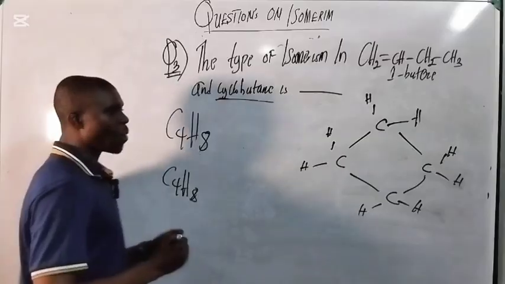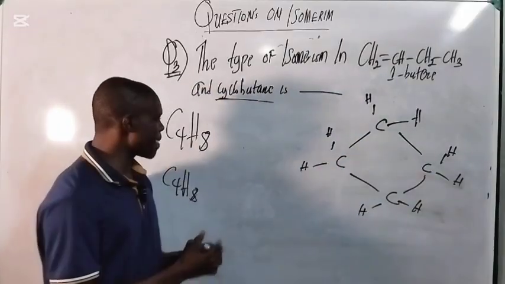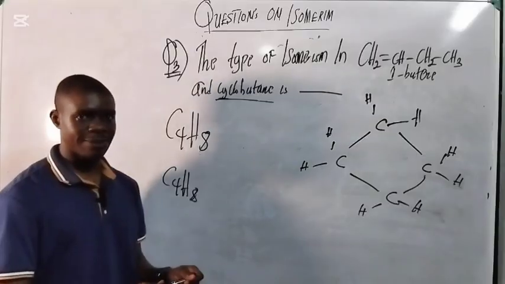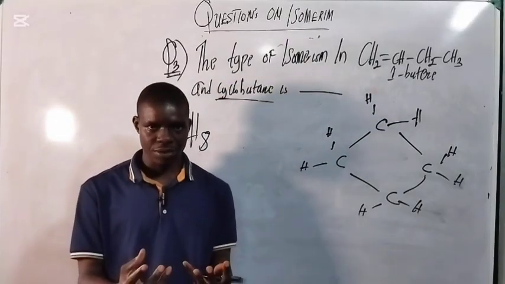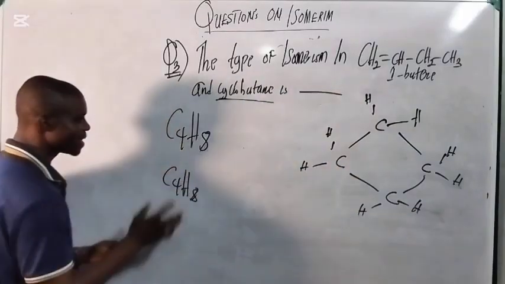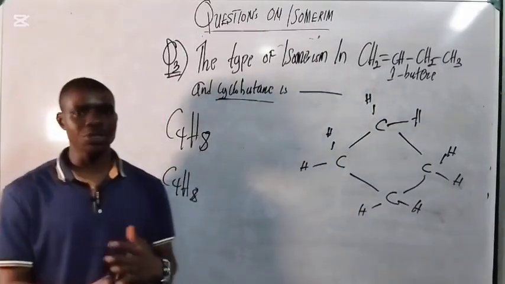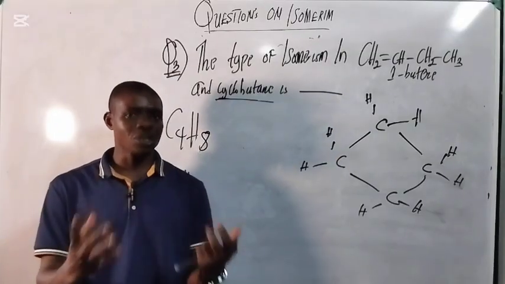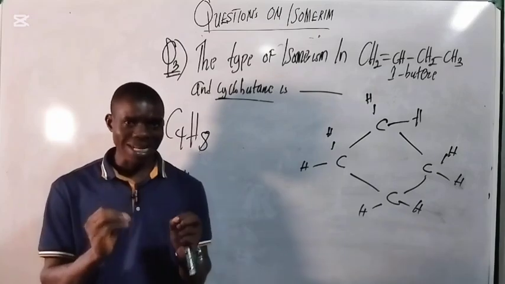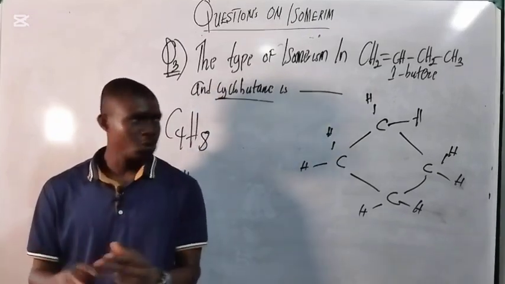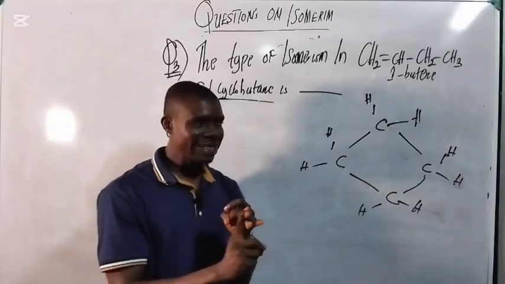So now what type of isomerism is this? Remember, this cannot be chain isomerism, because chain isomerism only occurs in alkanes. What about positional? When we talk about positional, I told you they have the same functional group. Here it is not chain, and it is not positional.